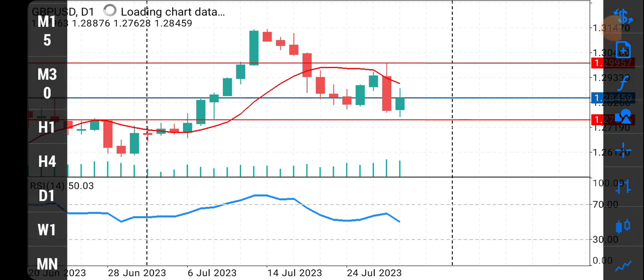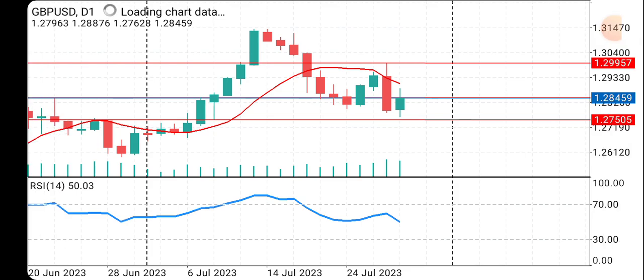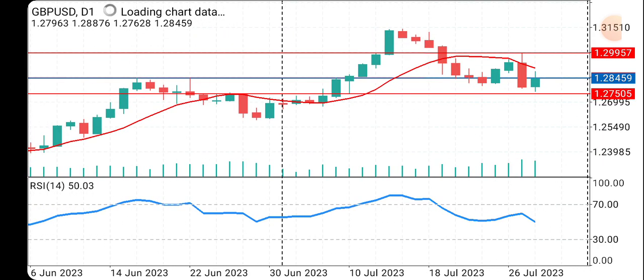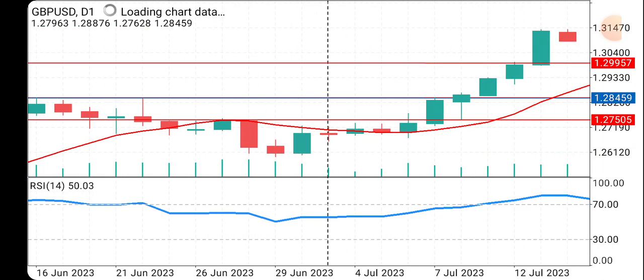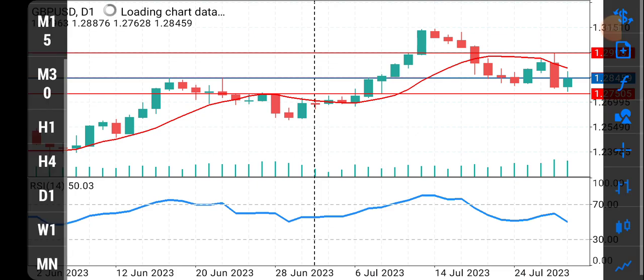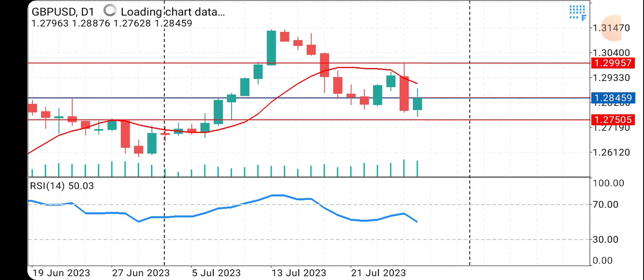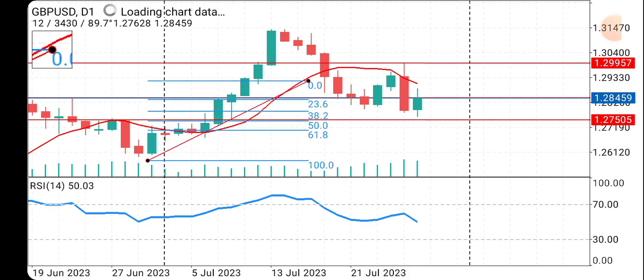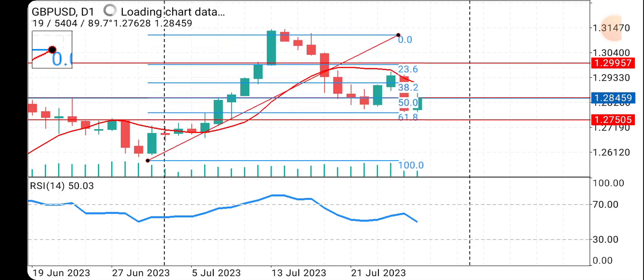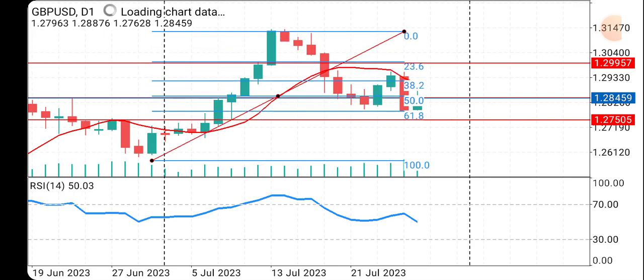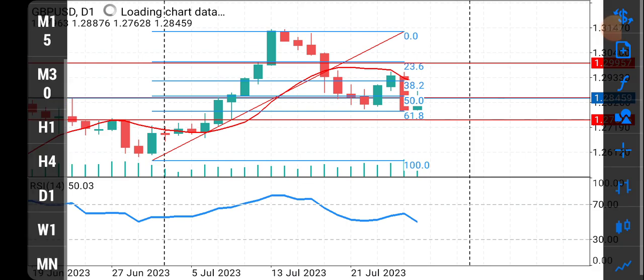We are going to begin from the lowest point of the daily time frame, down to the highest point of the daily time frame. So from this lower point, we are going to raise it up to the highest point right here, and then we double click.